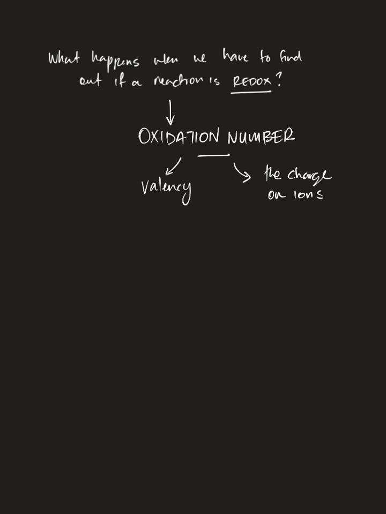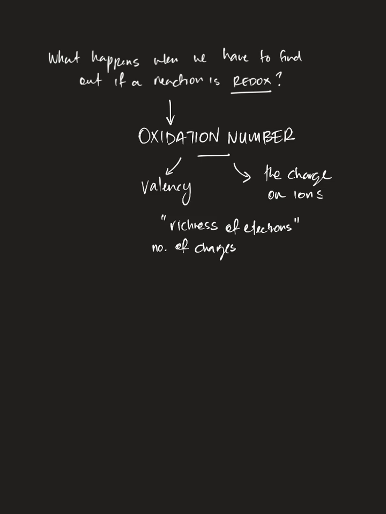So it's an indication of the richness of electrons. Right? And this number signifies a charge or the number of charges. So it's rather the number of charges an atom would have in a molecule if electrons were transferred completely.